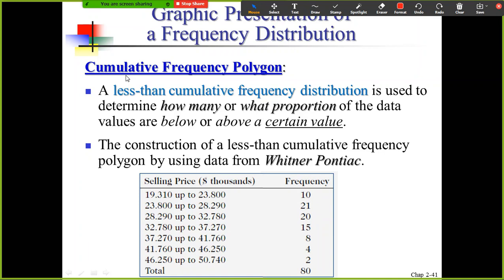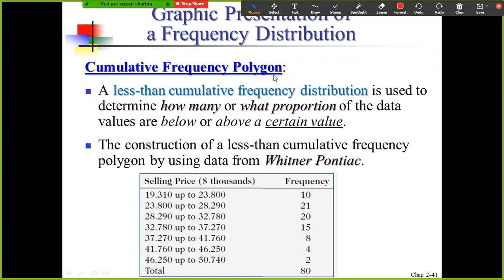Is it the same as frequency polygon? Wait, not yet answer. Look at this first, because we already learned what a frequency polygon is. But now cumulative frequency polygons, are they the same? Look at this first, and then you can answer.